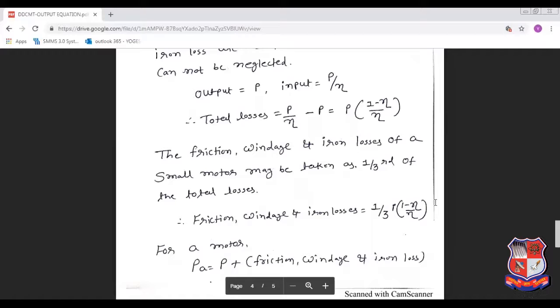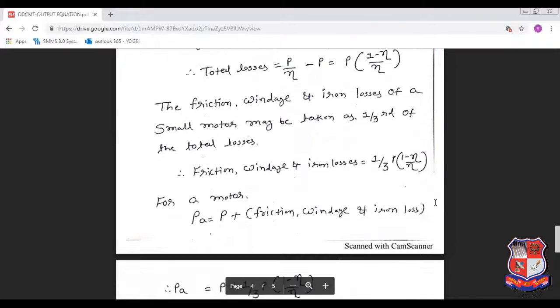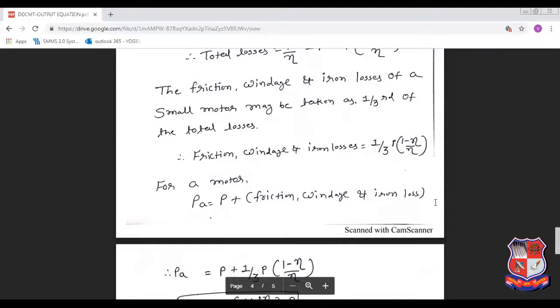And friction, windage and iron losses of a small motor may be taken as 1/3 of the total losses. So friction, windage and iron losses is equal to 1 by 3 multiplied by P multiplied by in the bracket 1 minus efficiency divided by efficiency.